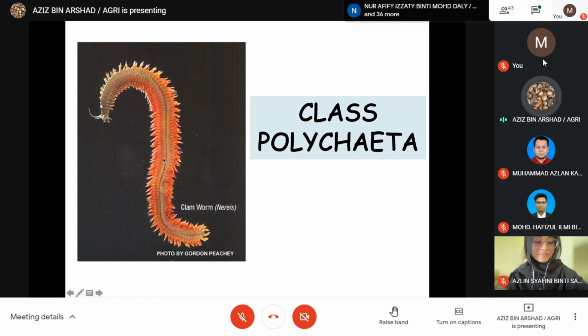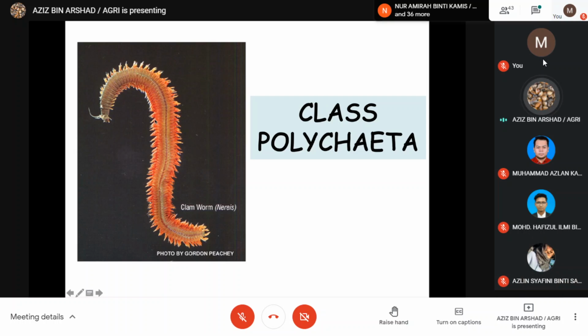This is the bedworm in Malaysia. We use this as a bait, as umpan for angling, and they are selling it in about 10 pieces, maybe for 5 ringgit or something like that.